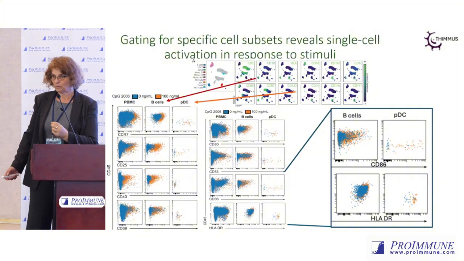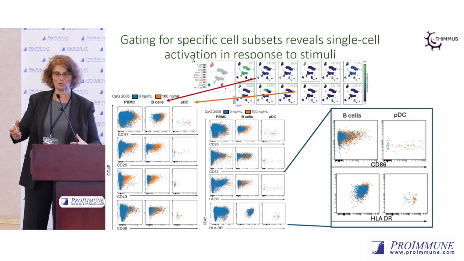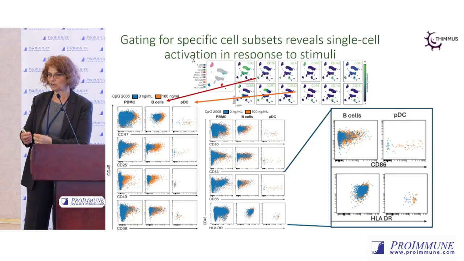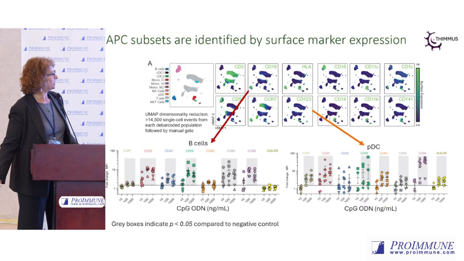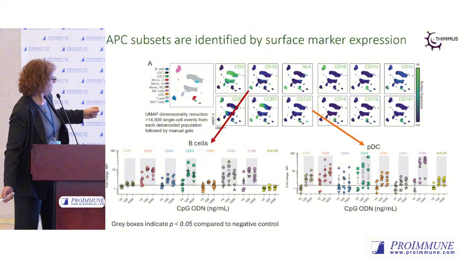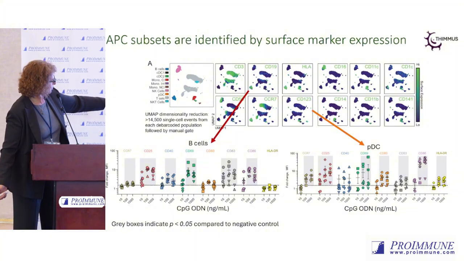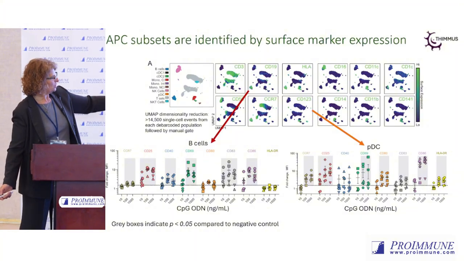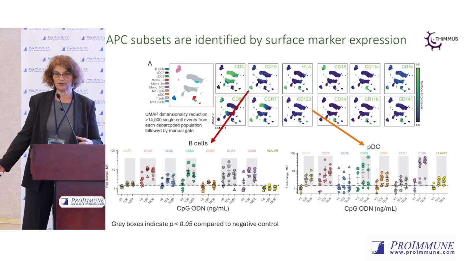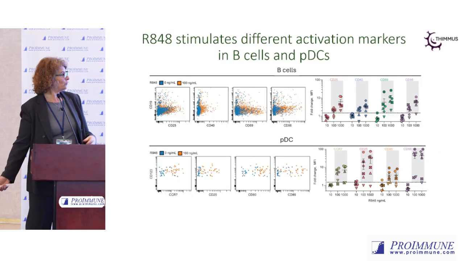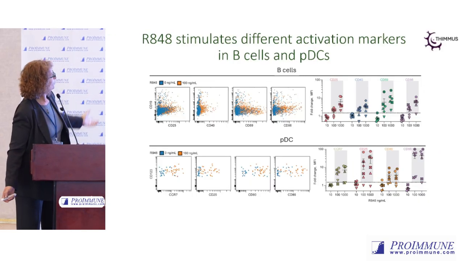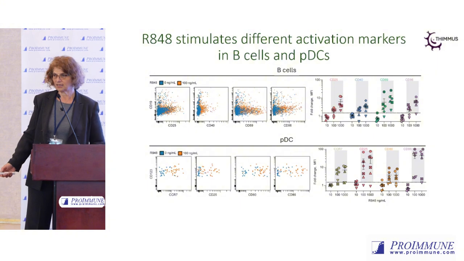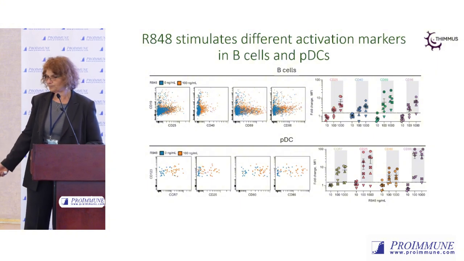And whether it was a fairly large population like the B cells or a really tiny one like the plasmacytoid dendritic cells, we could see it. And then, when you look at a population, those differences become fairly obvious. And we could do that for CpGs, we could do it for R848, which is a TLR7/8 agonist, and so forth.